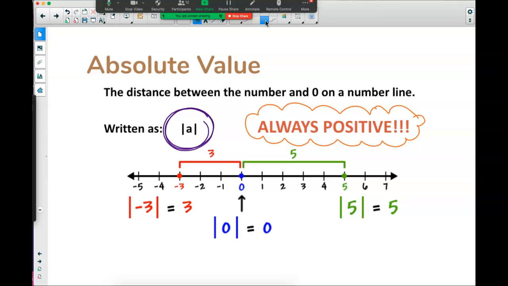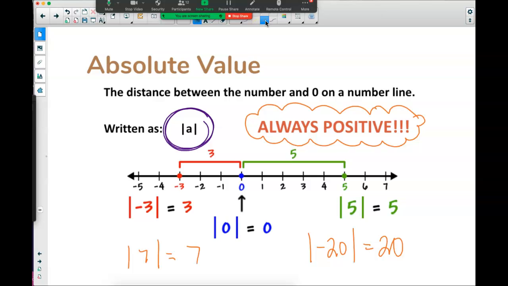Okay, so what would be the absolute value of -20? What do you think? Caitlin? 20. It's 20 units away from 0. What's the absolute value of 7? 7.